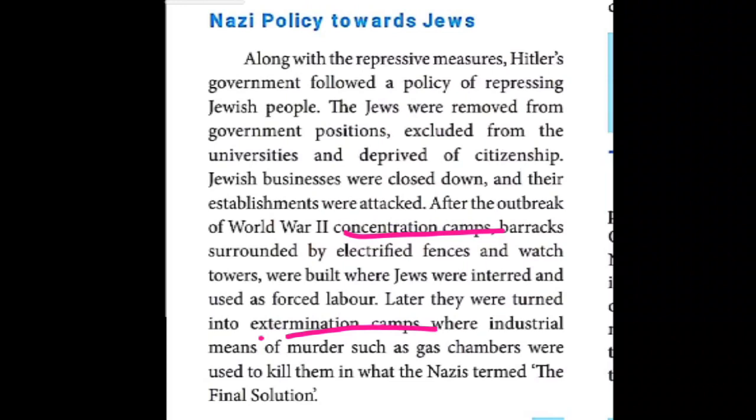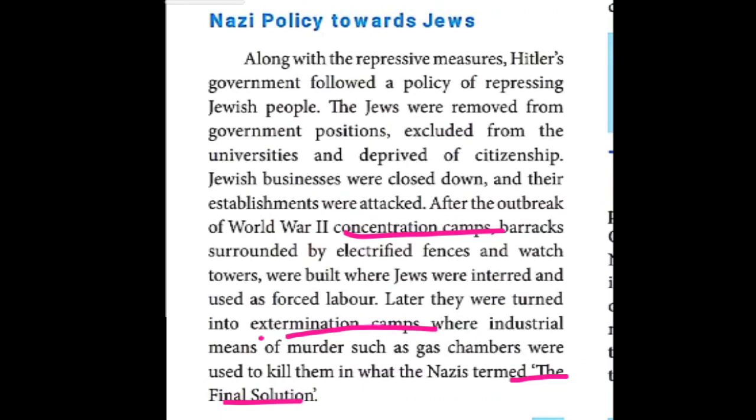Yes, Jewish people. The Nazis termed it the final solution; they explained the murder of Jews as the final solution. The Jewish people suffered a lot under the control of the Nazi party, under Hitler.